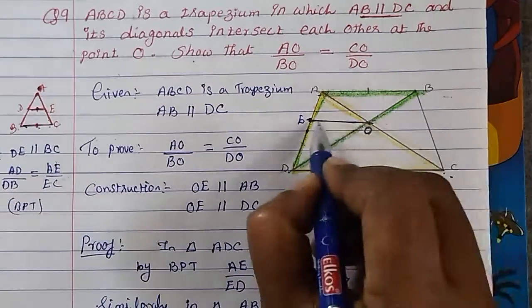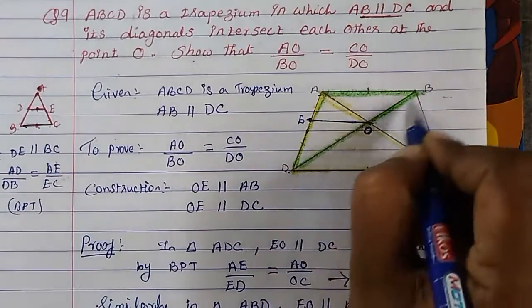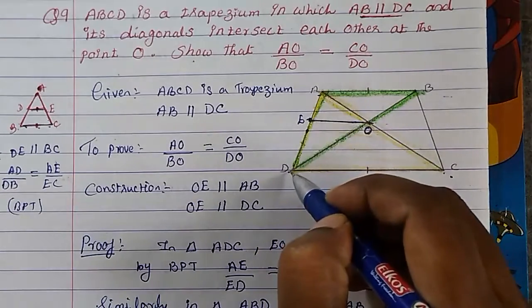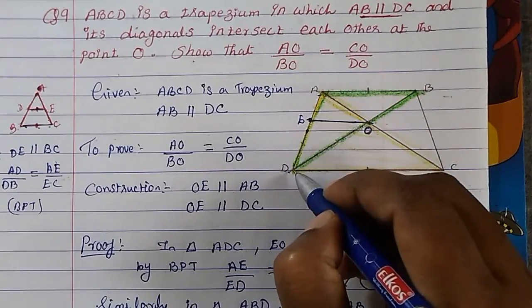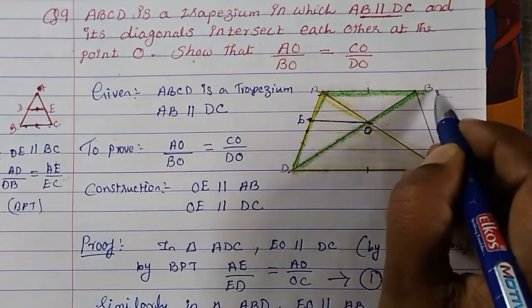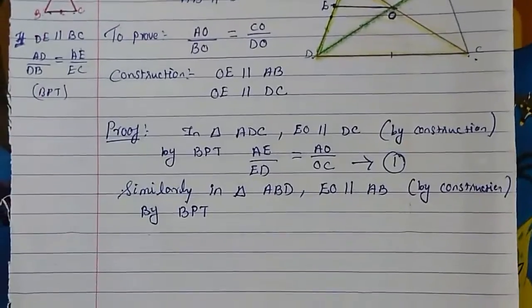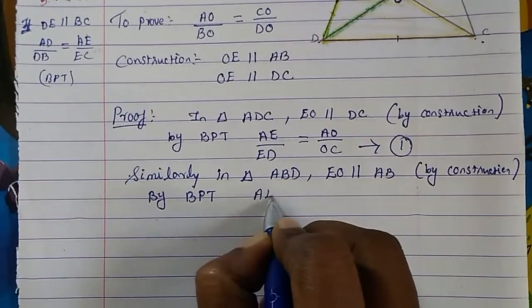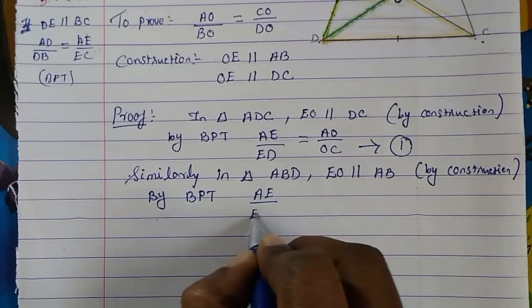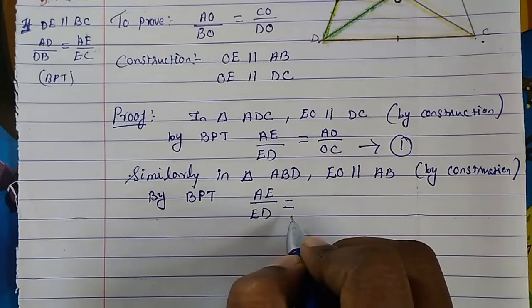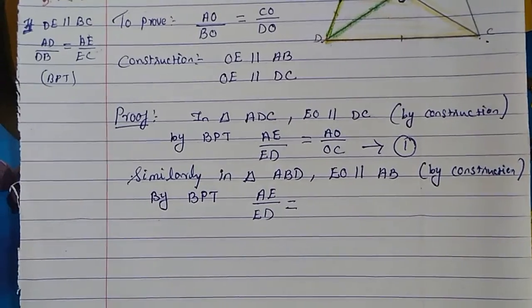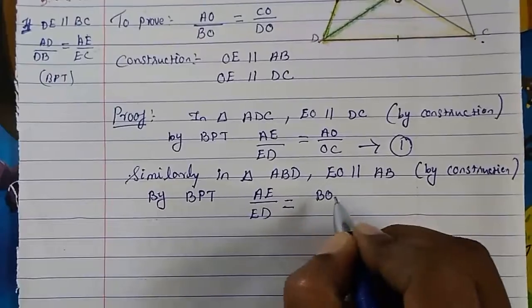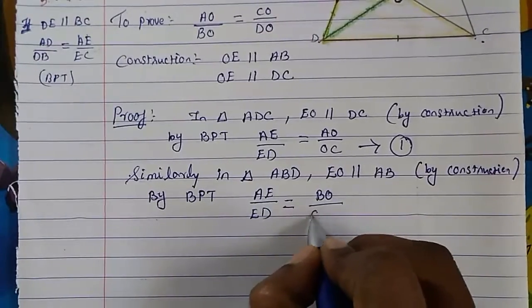So we can write AE upon ED is equal to BO upon OD.